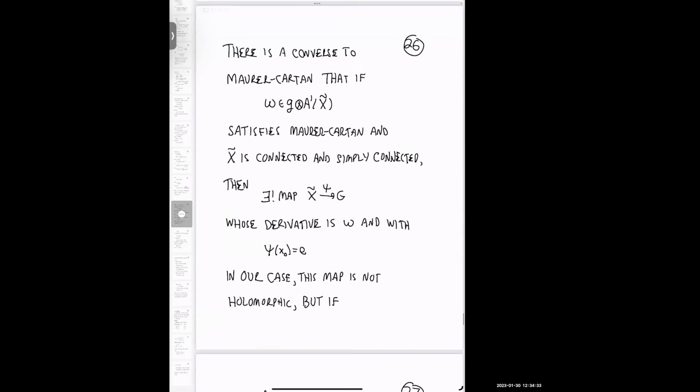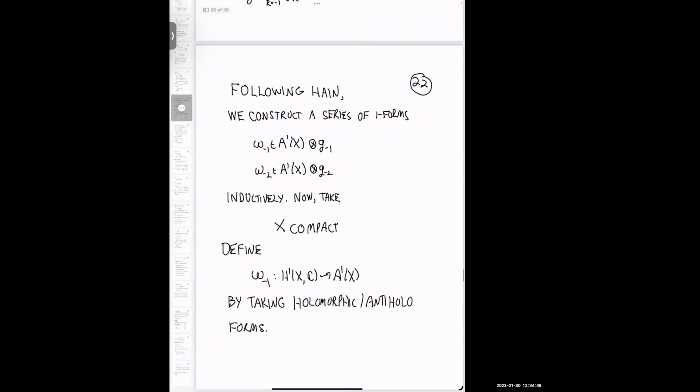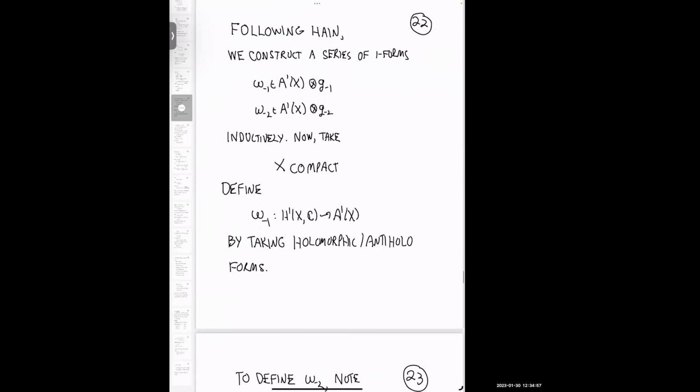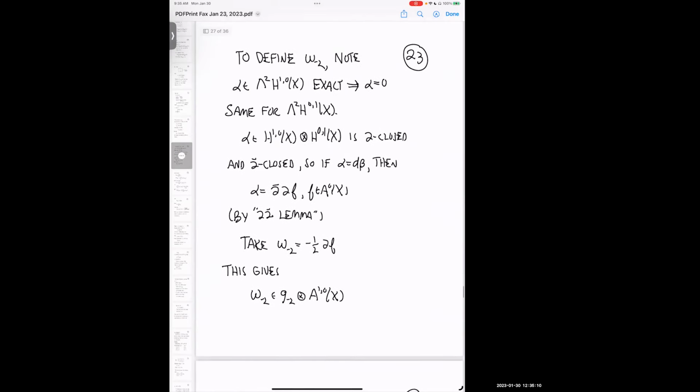When you start doing this Maurer-Cartan, inverse Maurer-Cartan argument, and you start doing omega -1, etc., you start having to be more careful to keep being able to write things as D of something where you can then inductively define omega -2, omega -3, etc. So that's sort of what I remember at the moment.